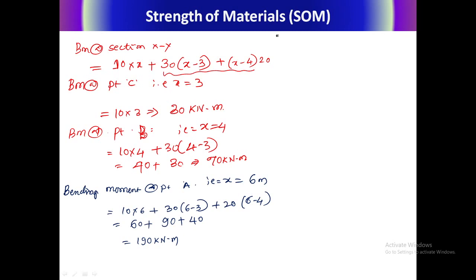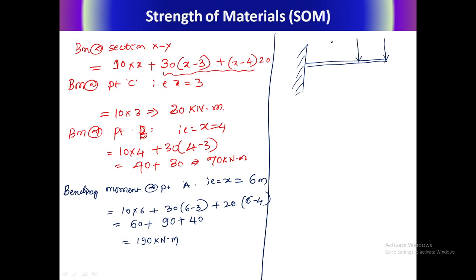Now we need to draw the diagrams here, shear force and bending moment diagrams. As you took on the right hand side, this value is going to become positive.